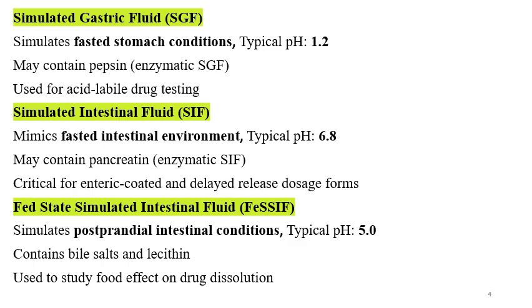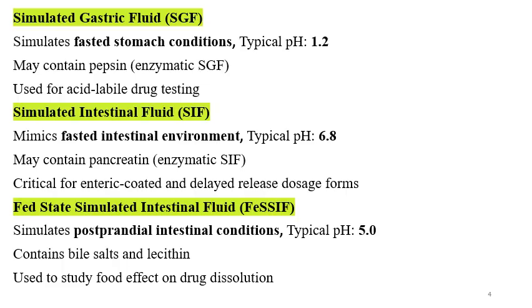Then simulated gastric fluid. It simulates the fasted stomach conditions. pH is 1.2. It is acidic pH condition. It may or may not contain enzyme, used for the acid labile drug testing.